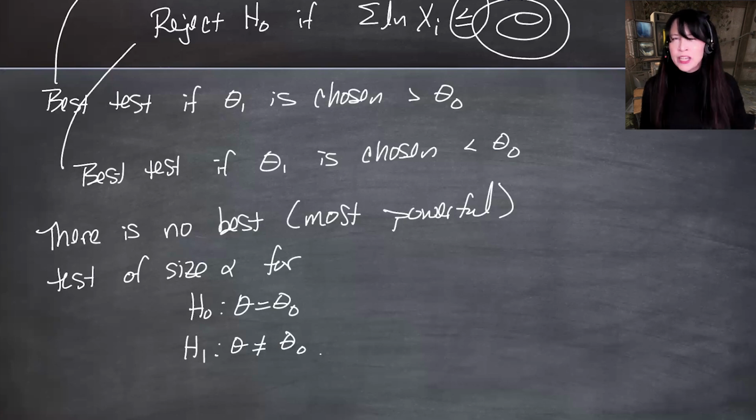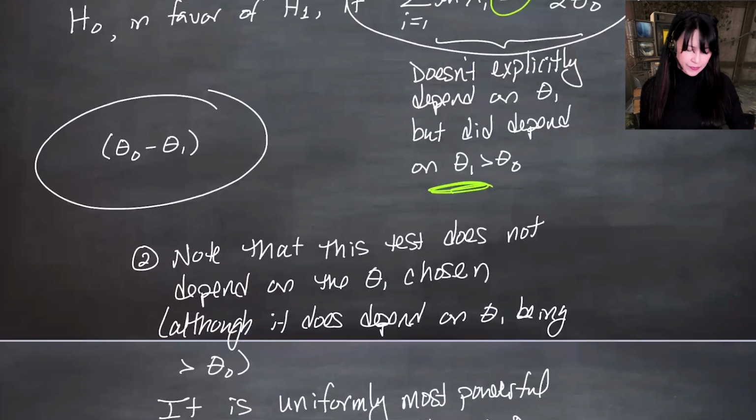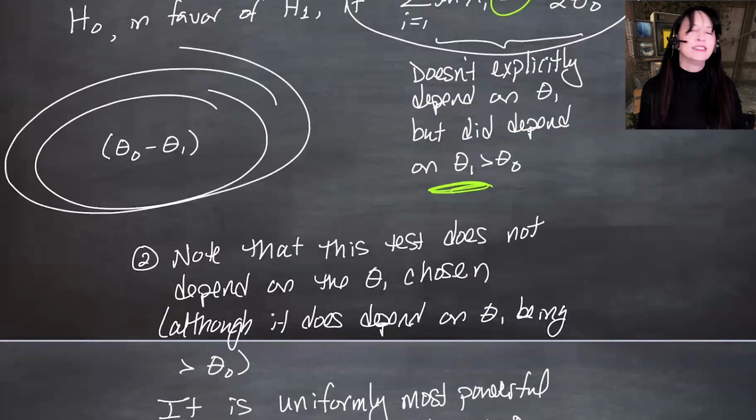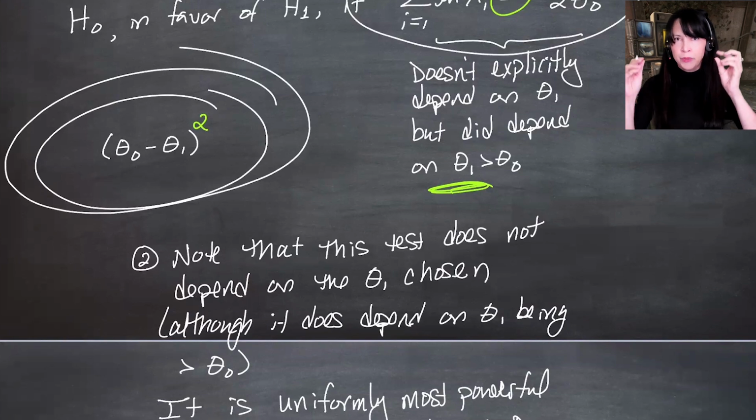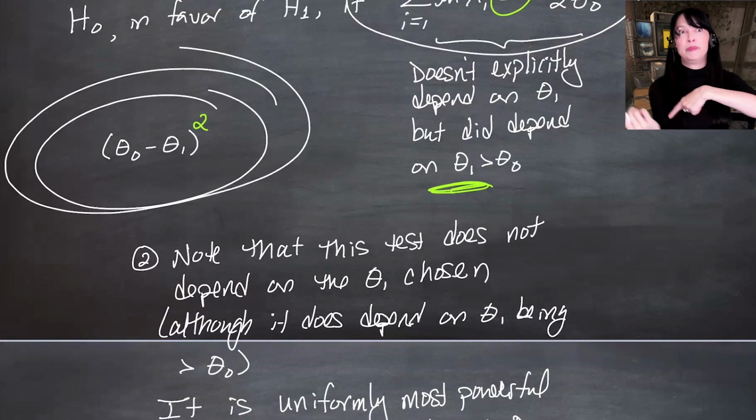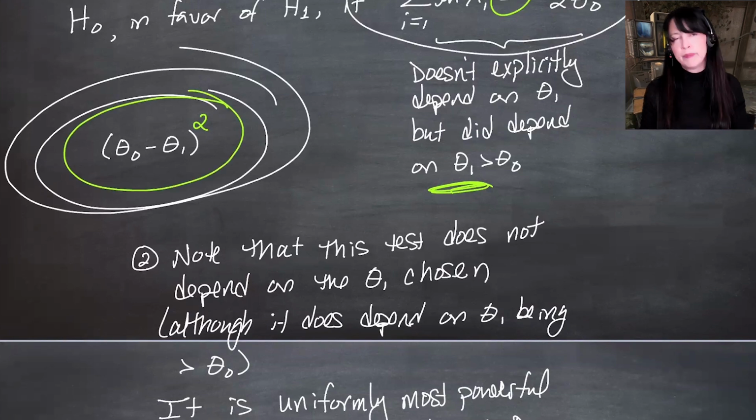We saw that at some point we divided by this, and it caused an inequality to flip. Don't write this down, I'm changing the problem. But if the PDF were such that we had like this squared, when we divided that, when we were taking our likelihood ratio less than or equal to k and saying less than or equal to k1, less than or equal to k2, flip greater than or equal to k3, if we had to divide by something like this, it's always positive, even if theta 1 is less than theta naught.